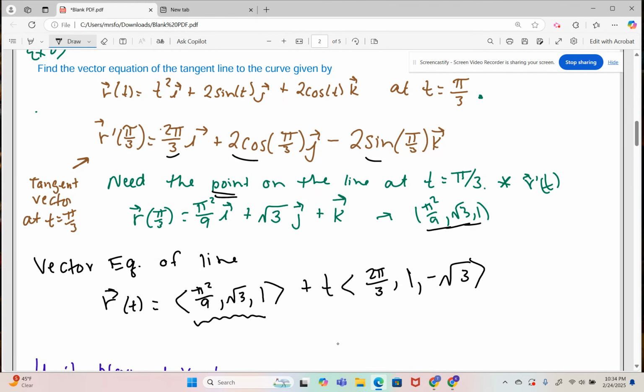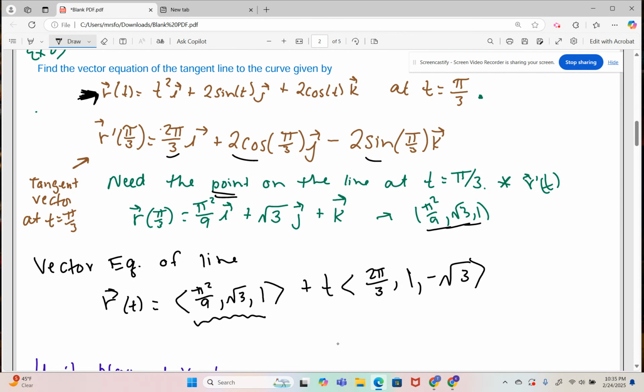Well, what is 2 cosine pi over 3? Hold on. When I did this earlier, I was looking at this, and that's why I was getting myself confused. So this is where I got this from.